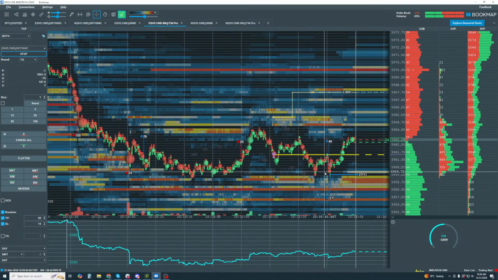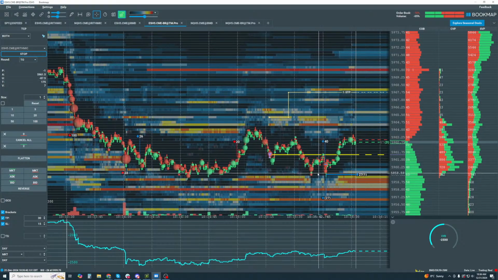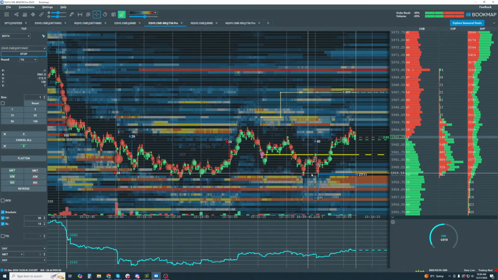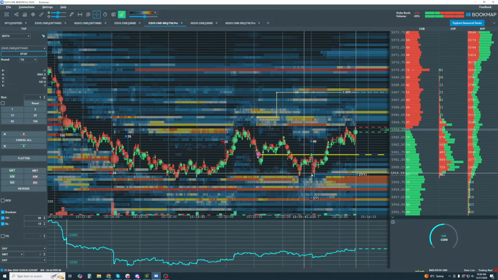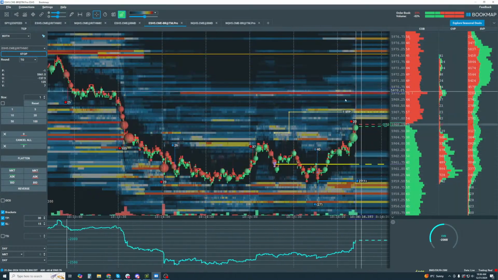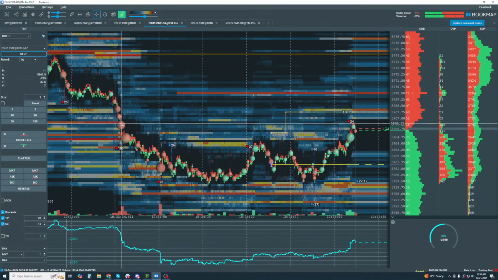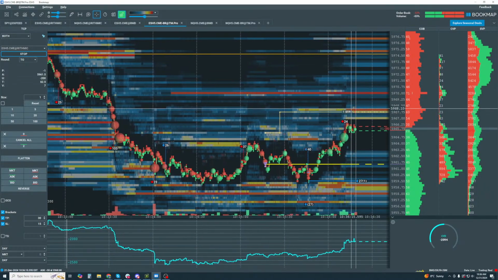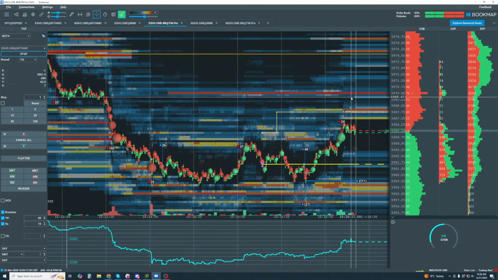Okay, so they did, and if I had multiple contracts on, I would have taken some off down at the bottom of that. So anyway, now we're kind of a little bit trapped here, okay, because we're going to get the test back to here now, or this liquidity level. We're right in front of it actually.